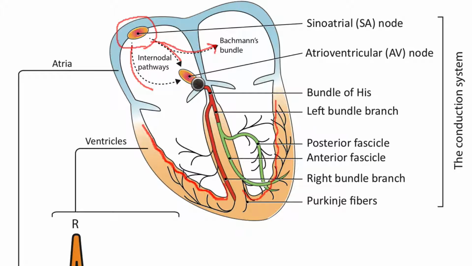And then the impulse will continue through the bundle of His, the right bundle branch, the left bundle branch, the anterior and the posterior fascicle. And from the bundle branches and the fascicles, the impulse will continue through the Purkinje fibers, which will then deliver the impulse to the contractile cells in the endocardium of the ventricles.